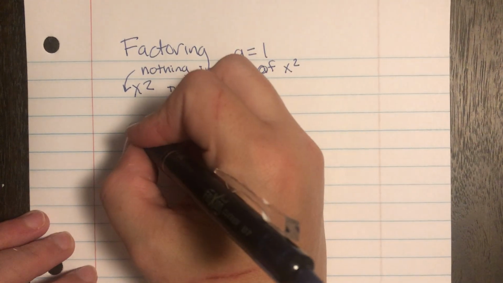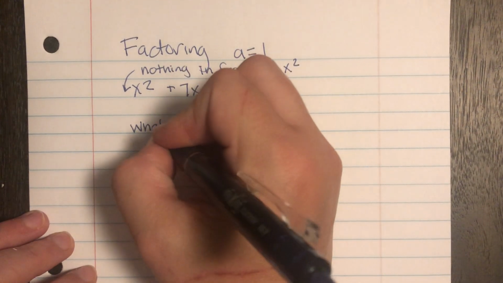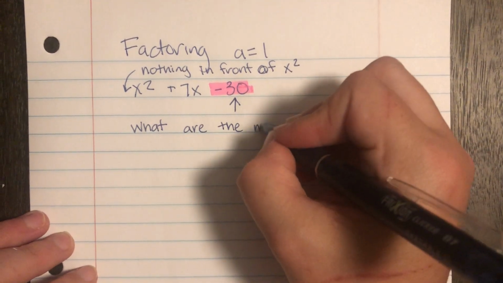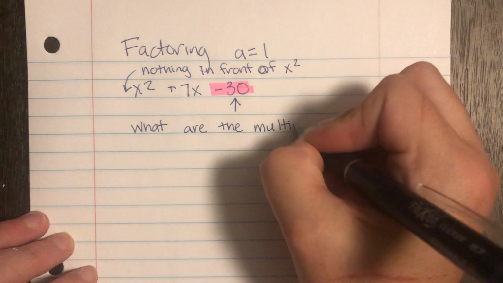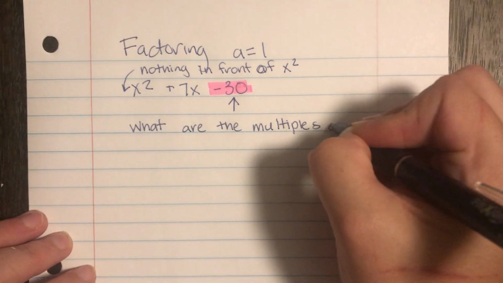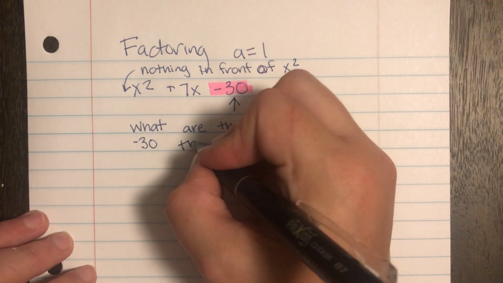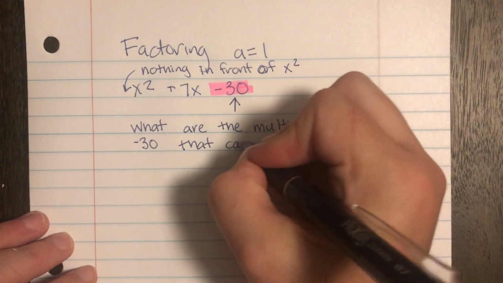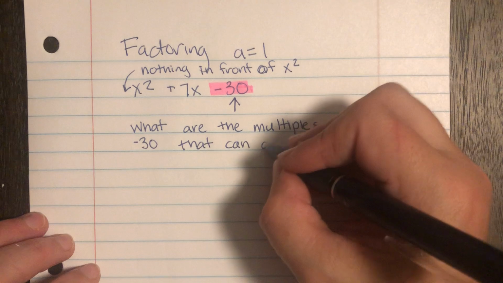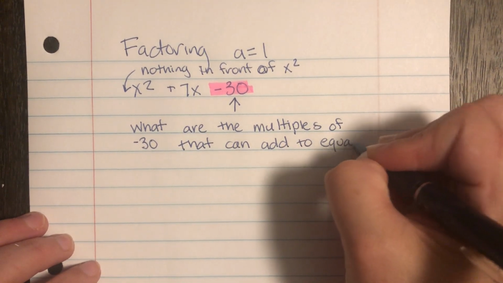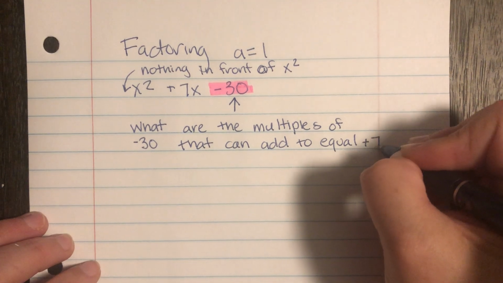So we're going to say, what are the multiples of negative 30 that can add to equal positive 7?